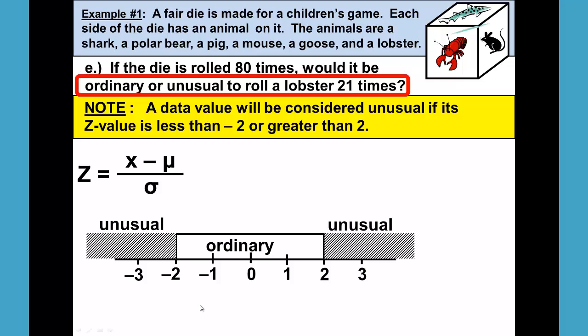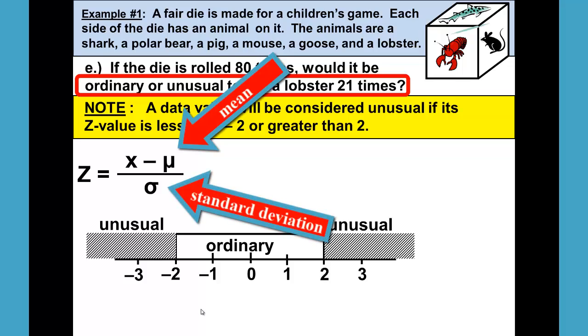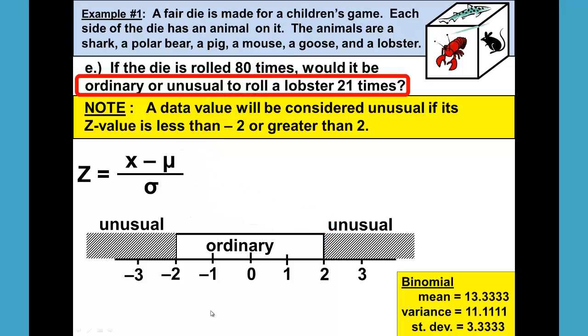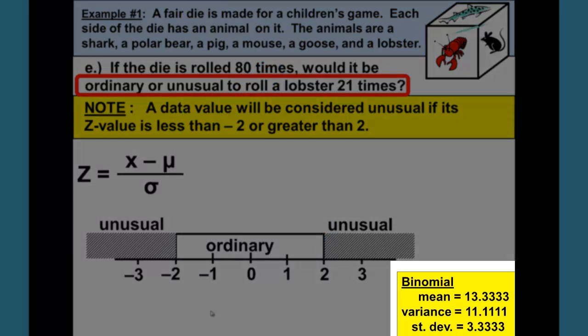Our formula for z is z equals x minus the mean over the standard deviation. Down here at the bottom, we know that our binomial has a mean of 13.3333, a variance of 11.1111, and a standard deviation of 3.3333.